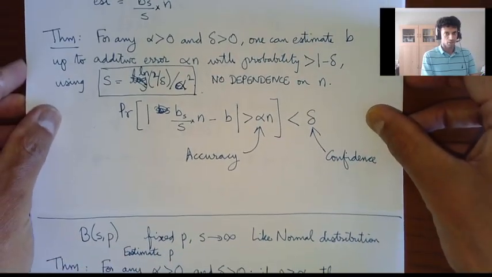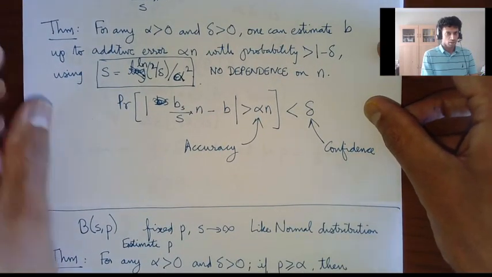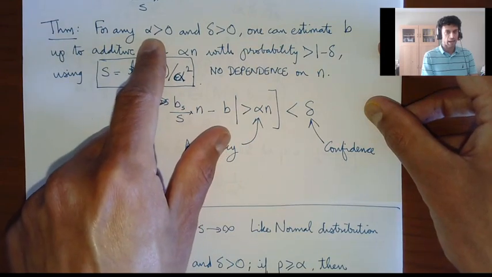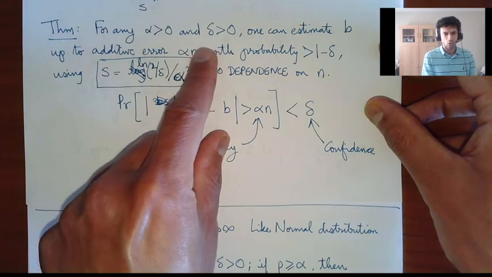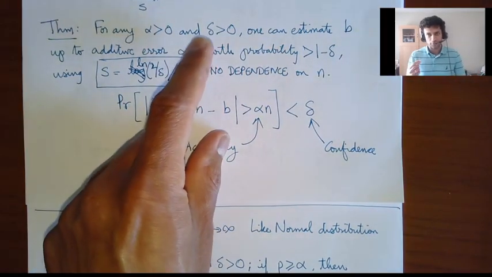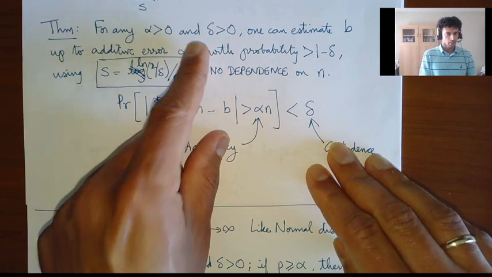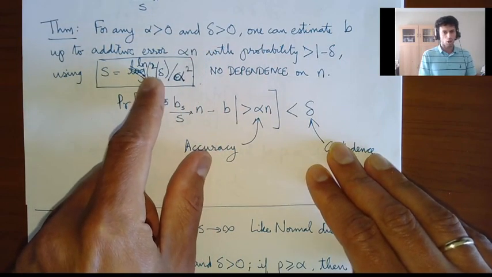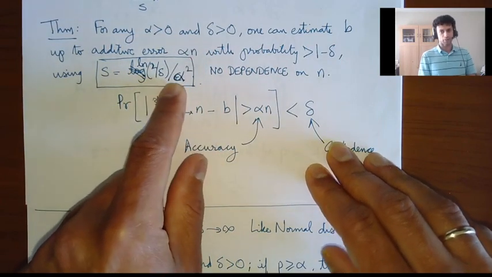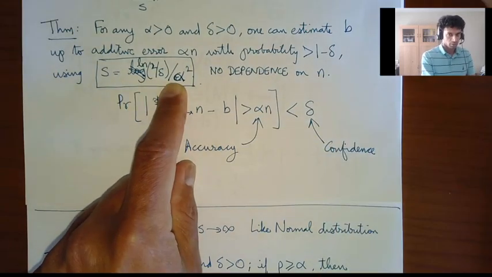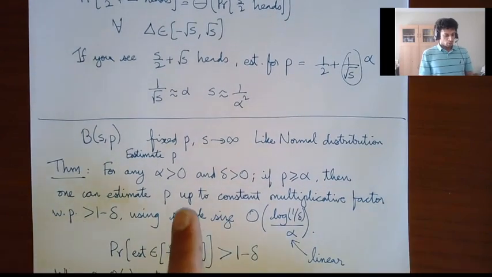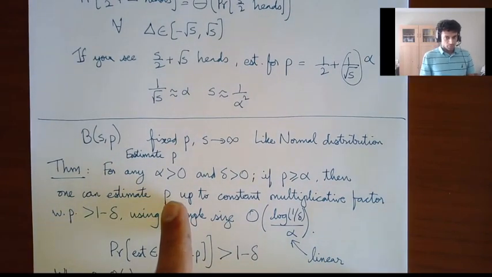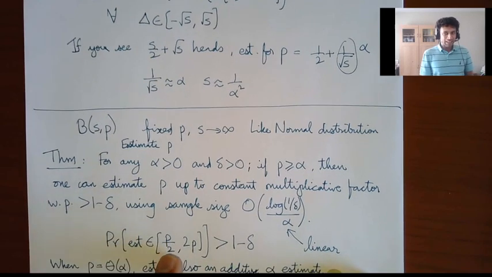Okay, remember, here I have alpha and delta. I want additive error. So you can ignore the n and just say you have additive error alpha on the bias of a coin. And the cost was essentially log 1 over delta divided by alpha squared. And here, you estimate with multiplicative error, not additive alpha error.